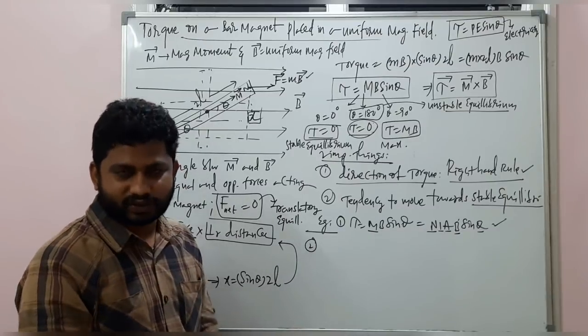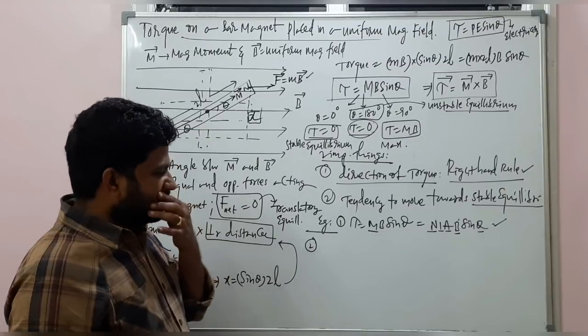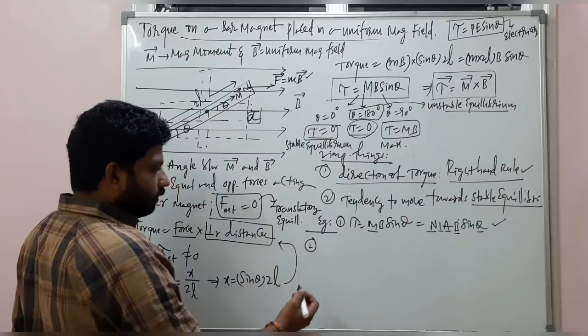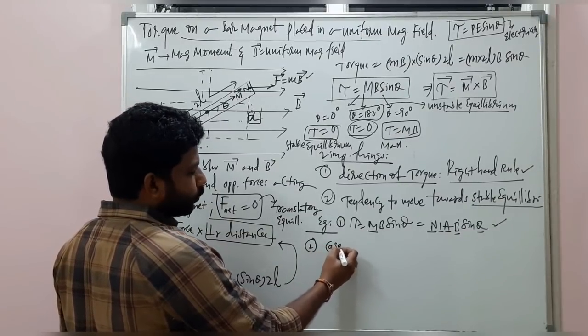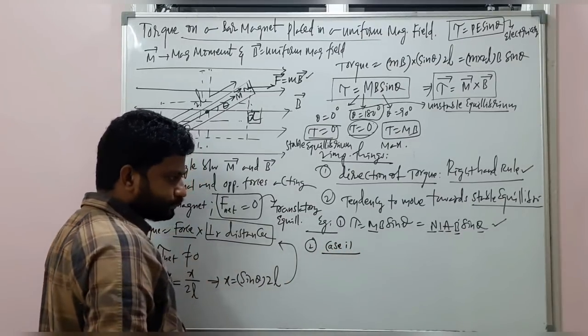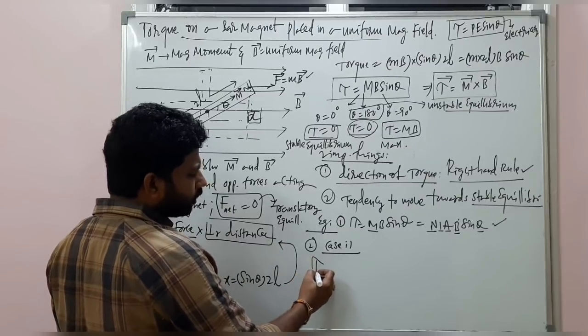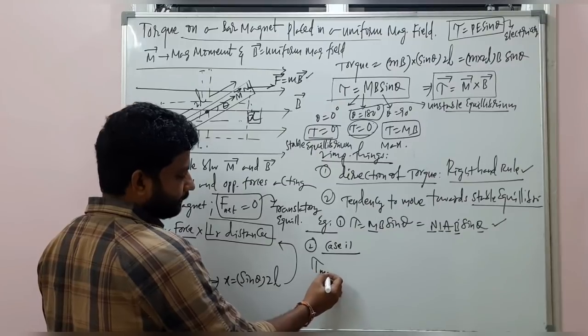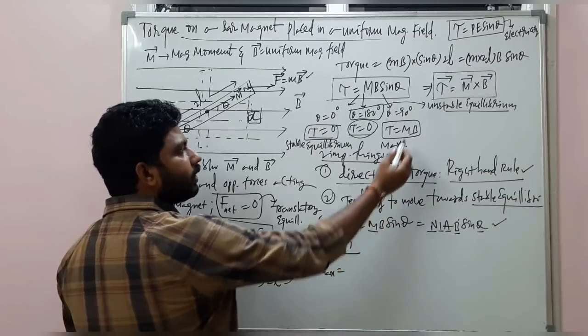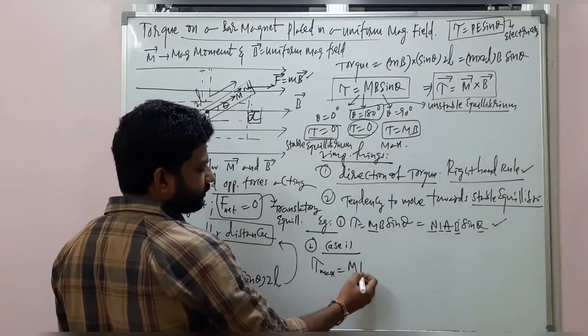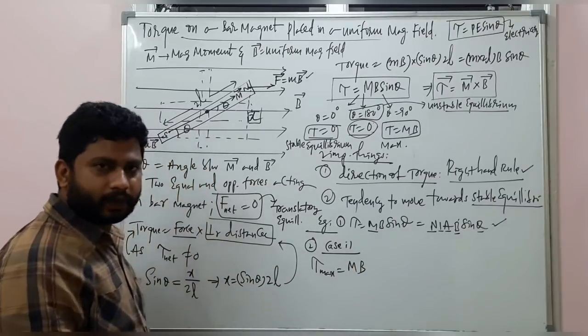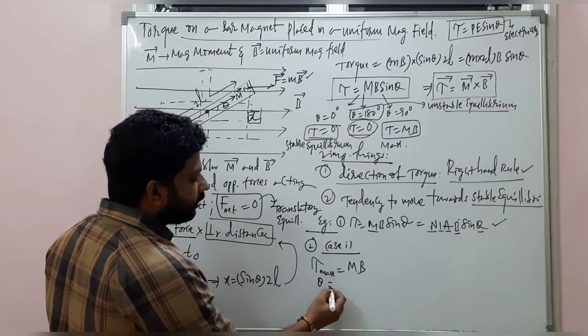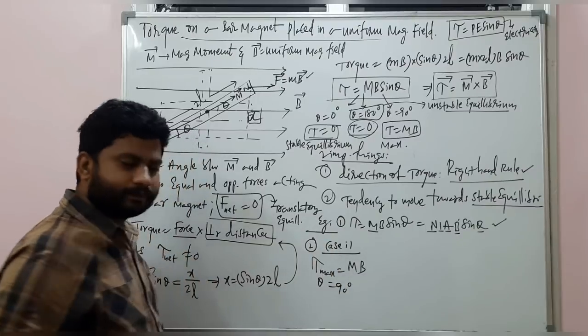The second way is the most important, a commonly asked question. Imagine in case 1 the question is given that the torque acting on a bar magnet is maximum. The maximum is M into B, which occurs at an angle of 90 degrees.